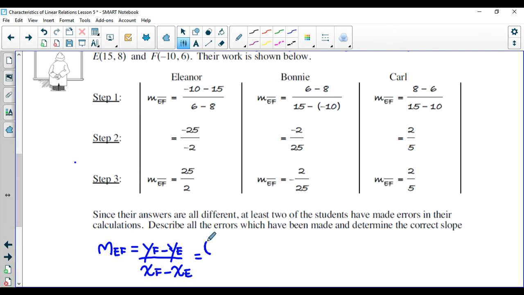Okay, so the y coordinate of point F is 6. Subtract the y coordinate of point E, which is 8. So you'd have 6 subtract 8. Divide by the x coordinate of point F, which is -5. Or sorry, not -5, -10. And the x coordinate of point E is 15.